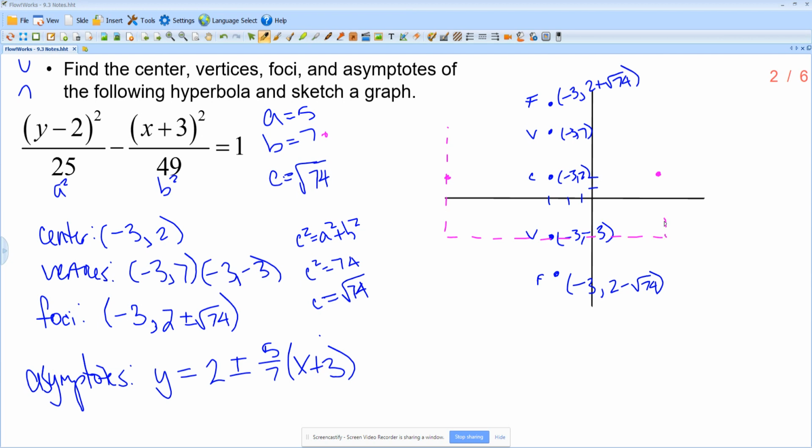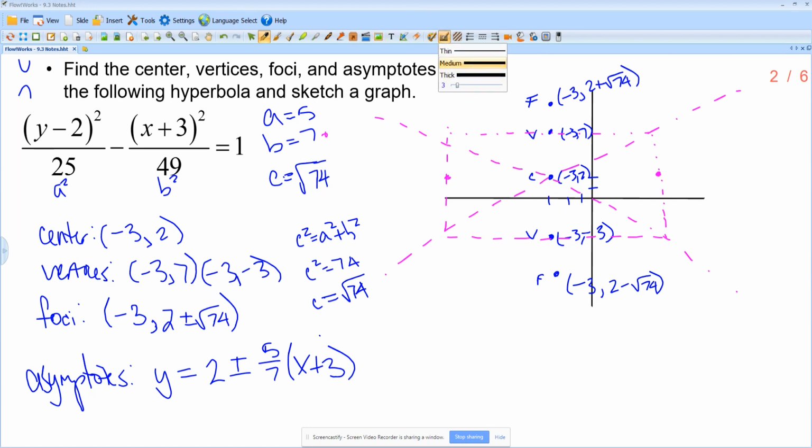Notice I didn't put in all those tick marks, but they are pretty accurate. And then I draw my asymptotes going through. Remember that they have to meet at the center and go through the center.